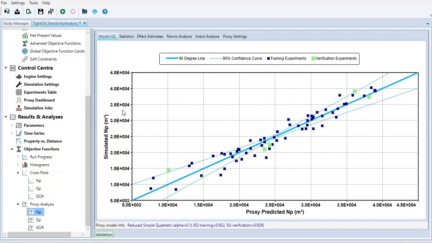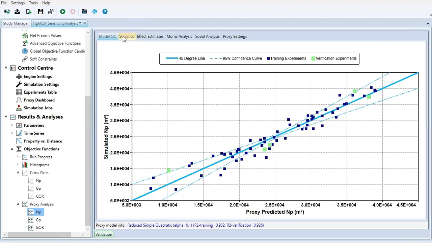Because of course, doing the simulation takes time. It needs more concentration, more dedication. It is far simpler if you use the proxy model. But of course you need to use the proxy equation within the limits that you used in the experiment.